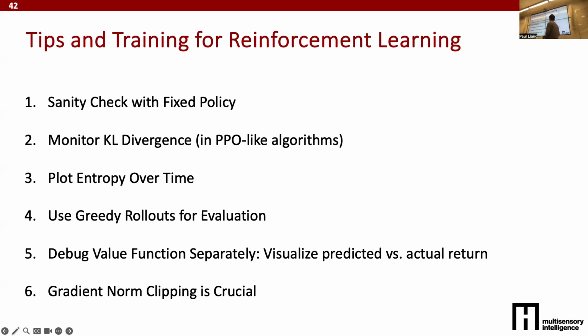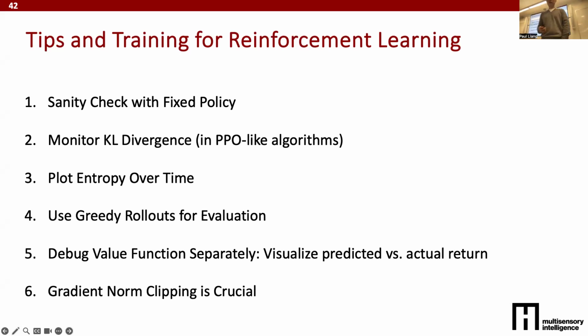Debug value functions separately. Usually in actor-critic approaches it's difficult because you're training two models. Your actor is your policy, and your critic learns the value. You're training them kind of in opposition with each other. Just like GANs were hard to train, these actor-critic models are also quite hard to train. So sometimes it's useful to train one and freeze the other, and vice versa.